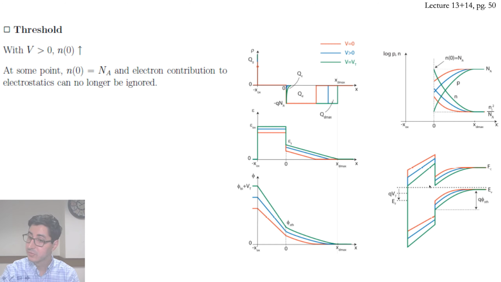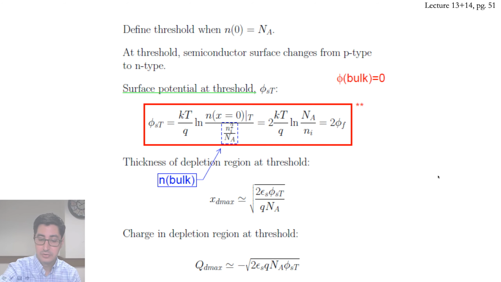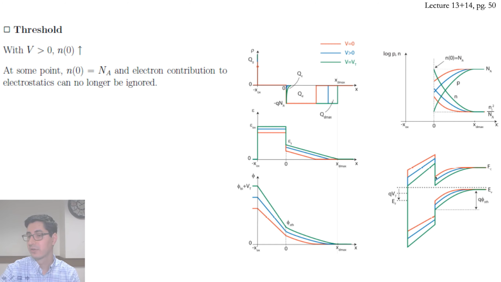Now when that happens, we can no longer ignore the electron charge at the surface. This electron charge at the surface starts to become important. Like in the blue and red cases, I do have more electrons at the surface than I would without the effect of the gate.